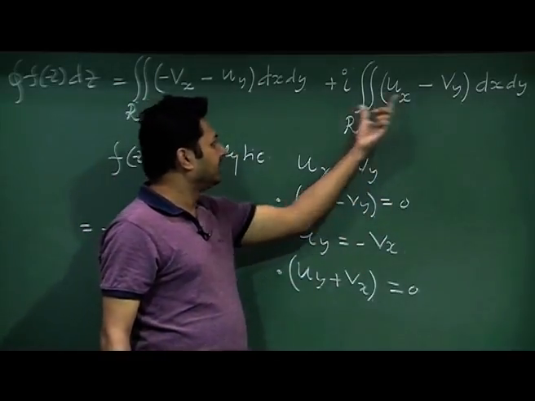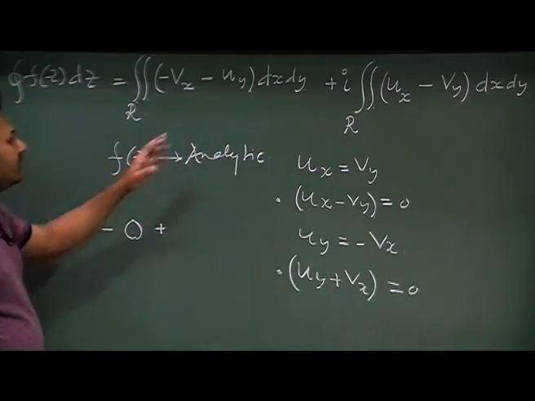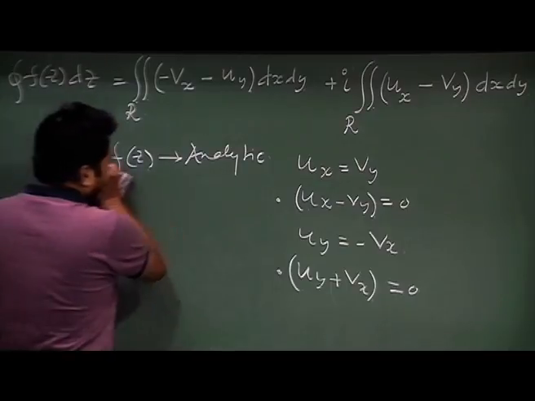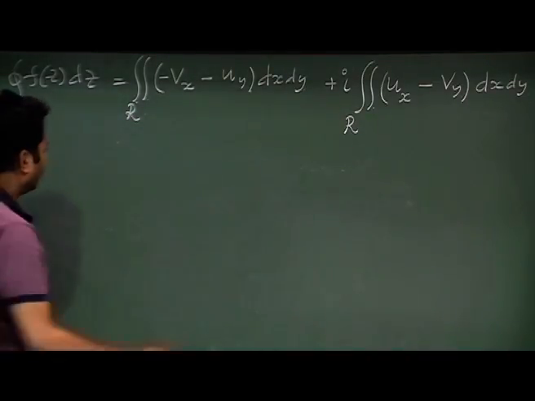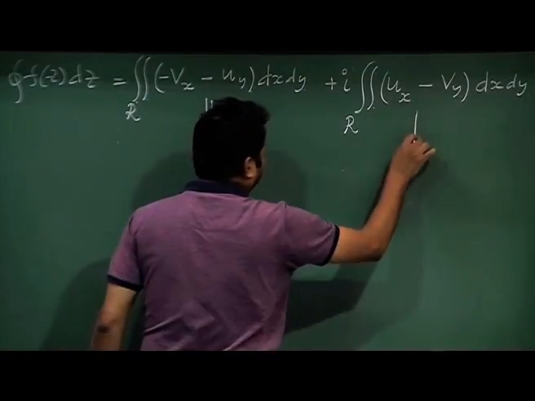So if I put this here, then the real and imaginary parts are both 0 individually. So that means this integration has to be 0. So this quantity is 0.